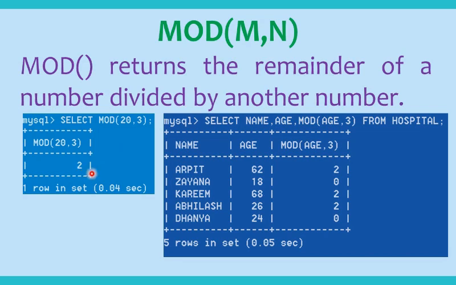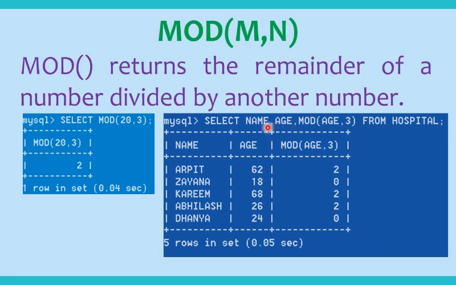This is the output. Now see all these functions, whether it is a string function, a math function or a date function, we can use all these functions with tables also. Here I am using this mod function with the hospital table. The hospital table contains some attributes like name, age, etc. I am using the name and age attributes.